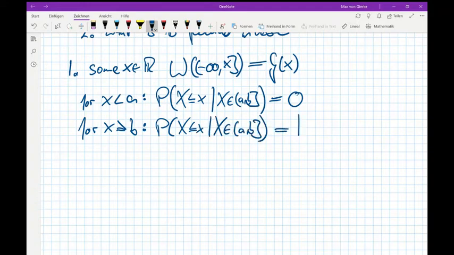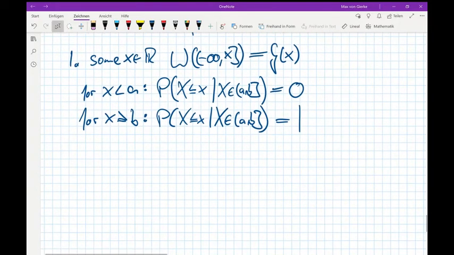By Bayes, this is 1, because if we know that X is in here, then we know that X is smaller than b, and X smaller than lowercase x, when we know that X is already smaller than b, which is smaller than x, is trivially true, so it's 1. Yeah, it gets interesting in the middle.